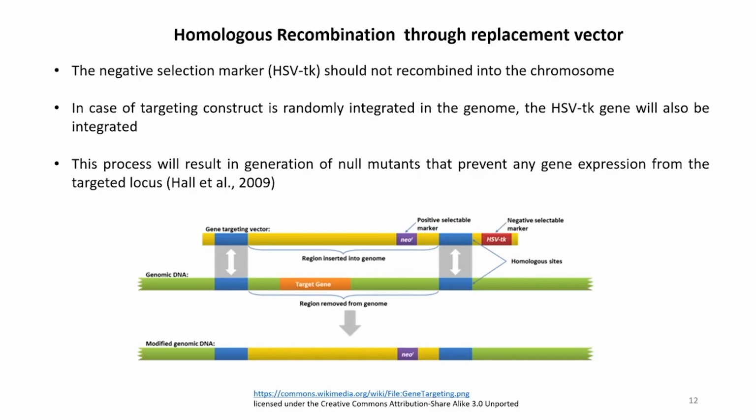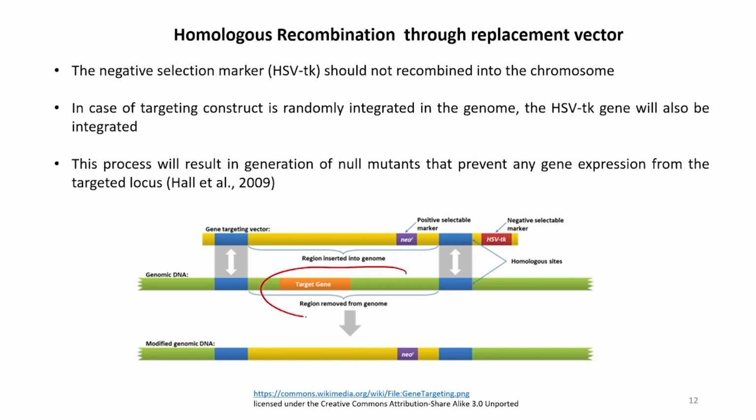The negative selection marker HSV-TK should not be recombined into the chromosome. In case the targeting construct is randomly integrated in the genome, the HSV-TK gene will also be integrated. So, the process will result in generation of a null mutant, which prevents any gene expression from the targeted locus.